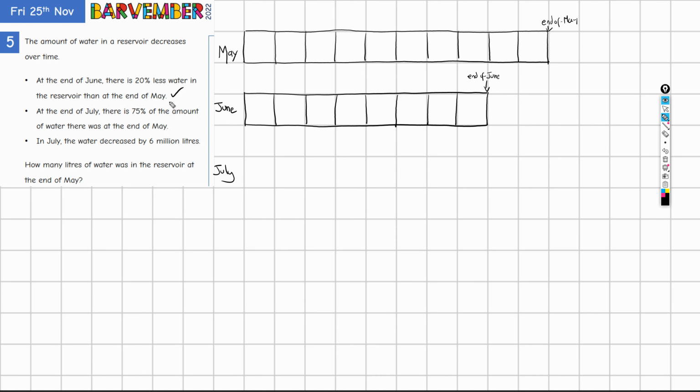Okay. Right. At the end of July, there is 75% of the amount of water there was at the end of May. So this is 80%. That means I'm going here plus a half. Right, let me draw this all in.